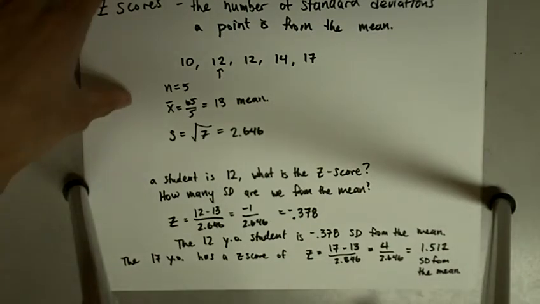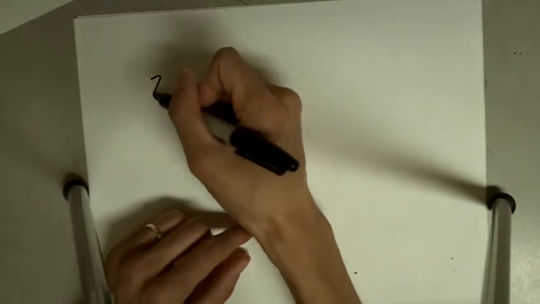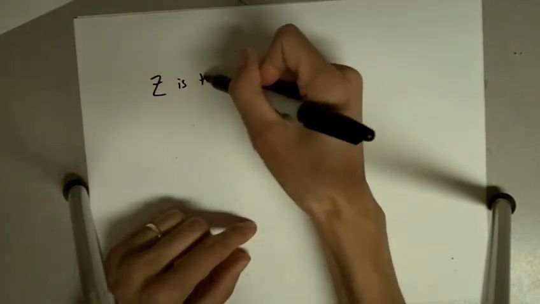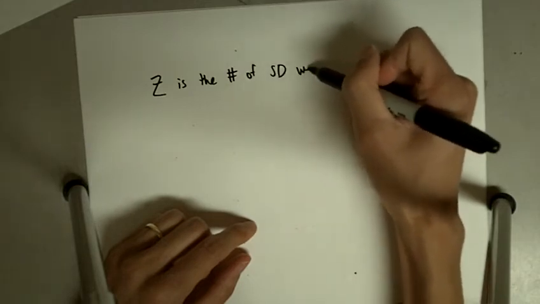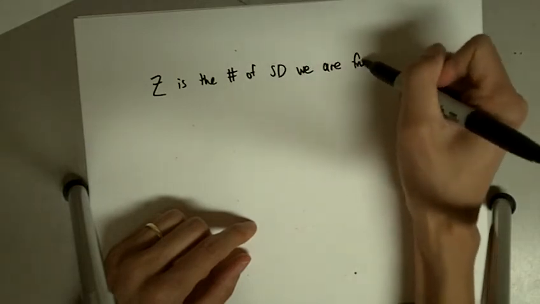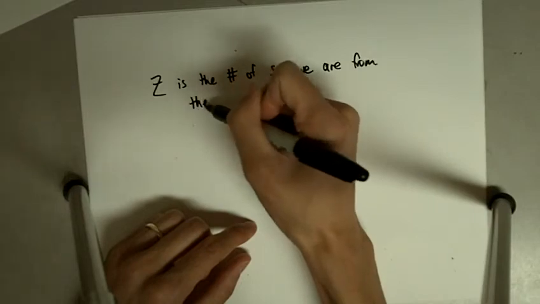Okay, so the overall way to remember all of this is that a z-score is the number of standard deviations we are from the mean.